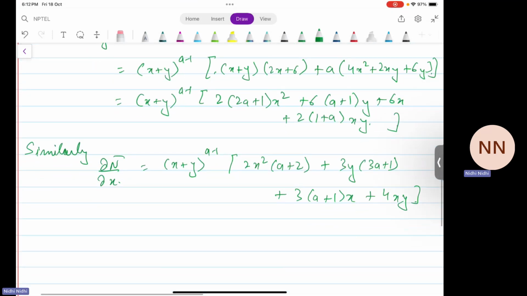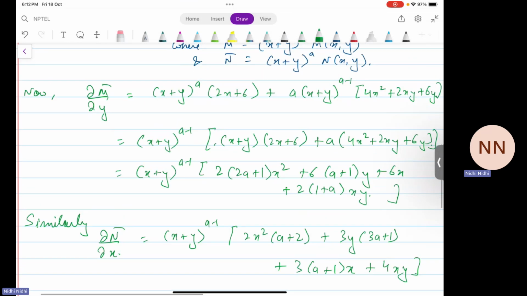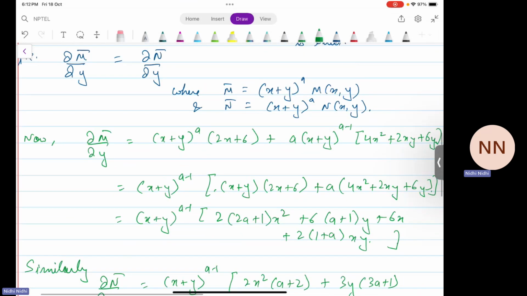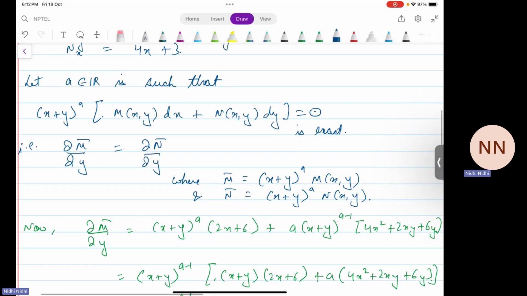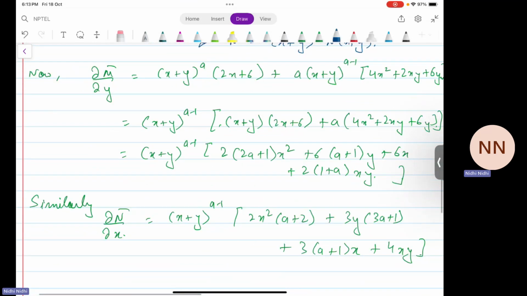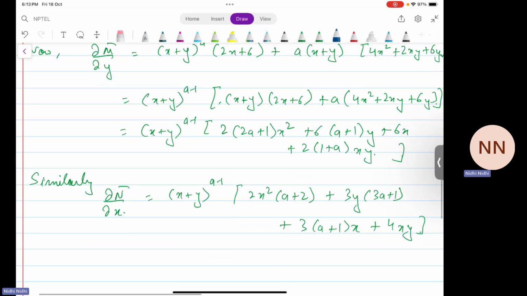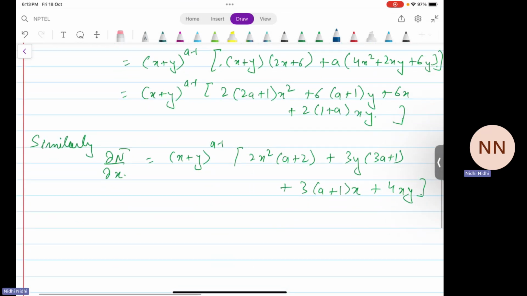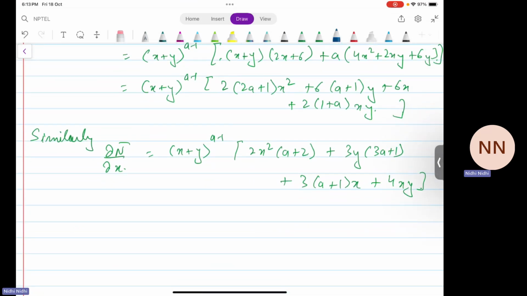So now we have taken a such that the updated equation is exact. That means del M by del y is equal to del N by del x. In that case, we must have the same coefficients for x squared, x, y, and xy.